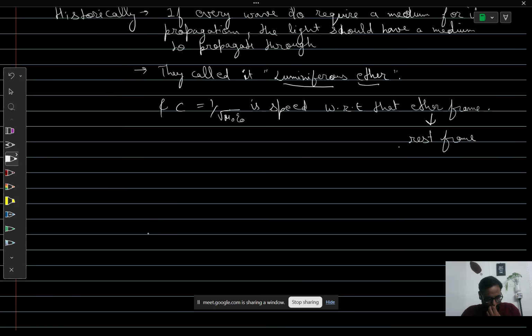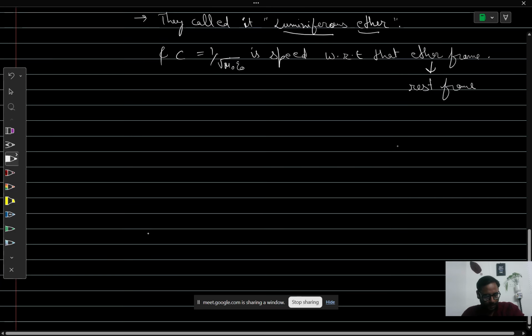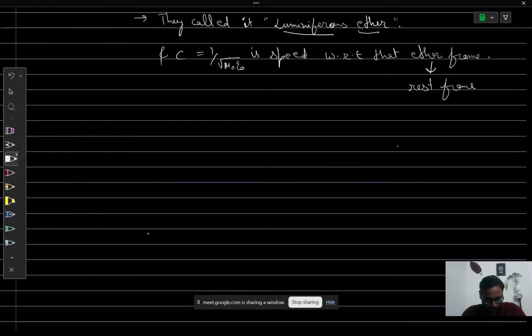Now, if ether is like other mediums, it can be dynamical or moving.